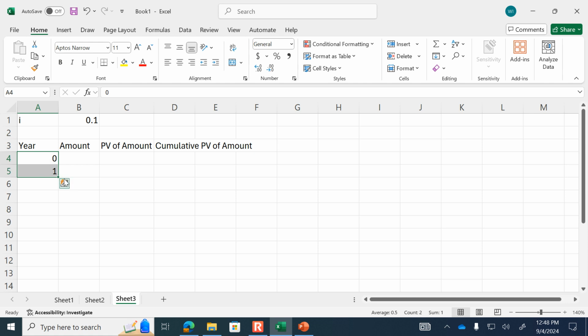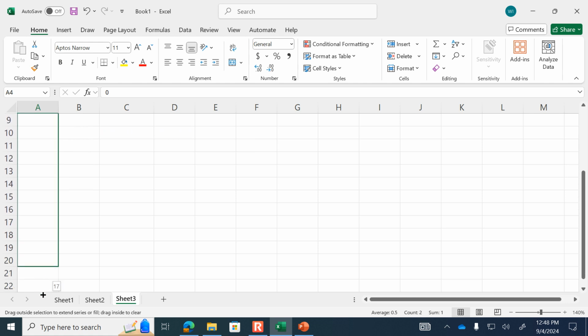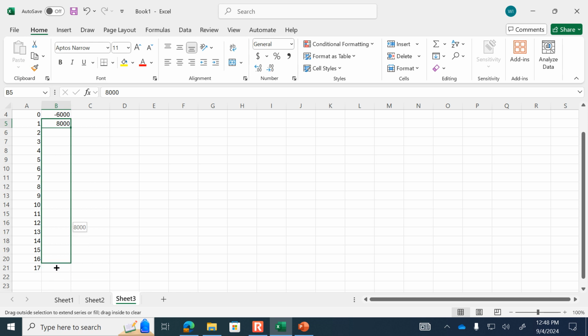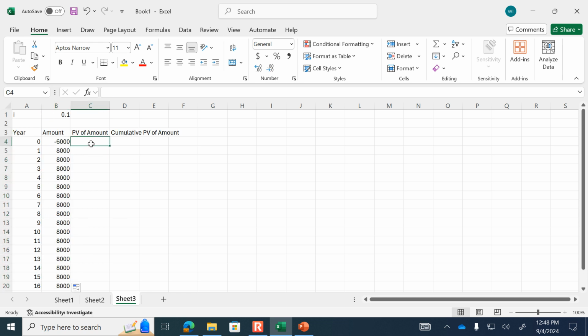So I'm just going to translate this cash flow situation into a table. We don't know how many years we have to own it, so I'll do it down through 17. It's an outflow of 60,000 and then an inflow of 8,000, which repeats over and over. And we want to find out how many years until you're actually having a cumulative profit.